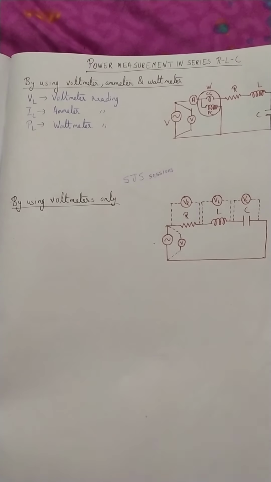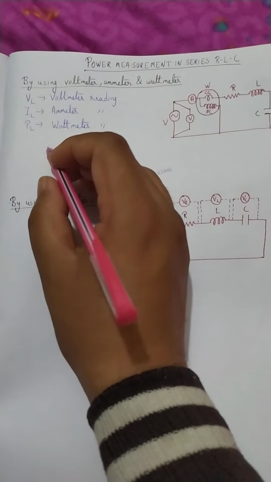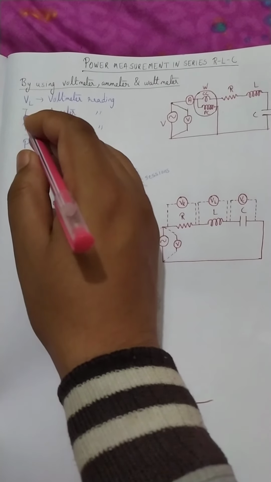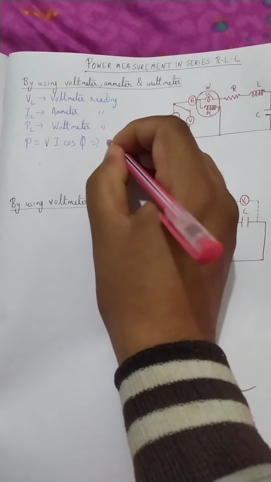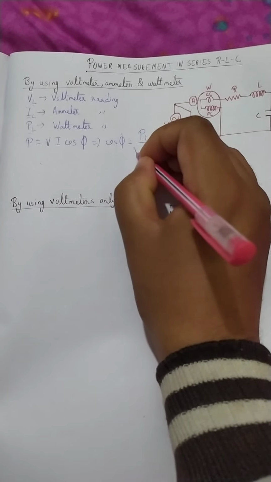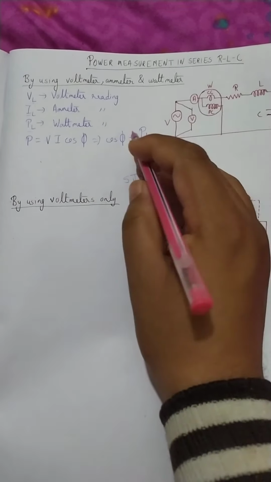Now, what is known to us? We know that the active power P is nothing but VI cos phi. In this arrangement we know the wattmeter, voltmeter and ammeter readings, so we can write cos phi equal to PL by VL IL. So we find cos phi, the power factor.